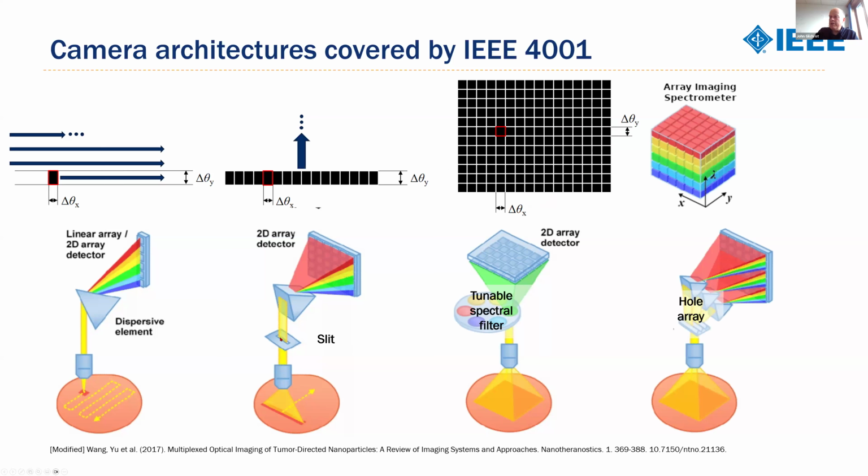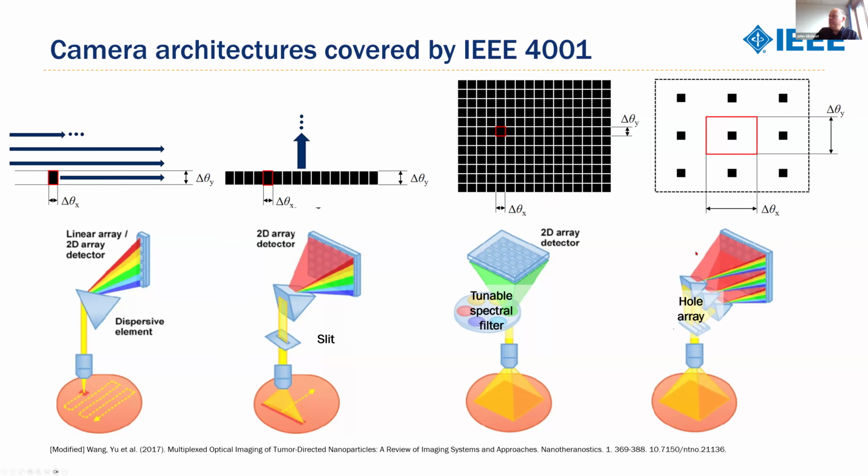Finally, there is one type of spectrometer that has an array of holes instead of a slit. And the drawing is not exactly right for that. The field of view looks like this, with a light sensitive area. If you focus it, you subsample spatially, and this gives room for dispersing the light from each hole onto the image sensor.